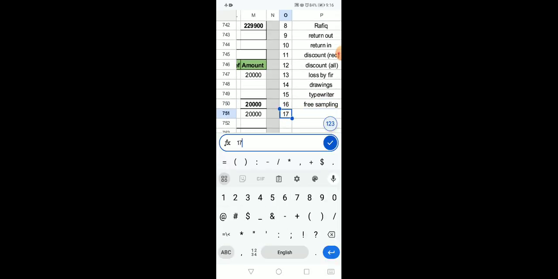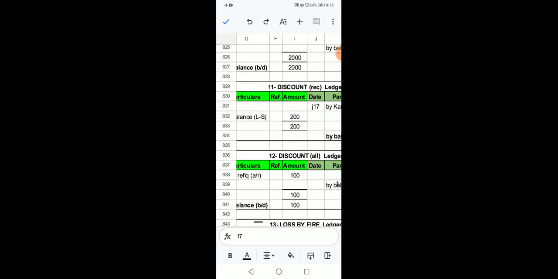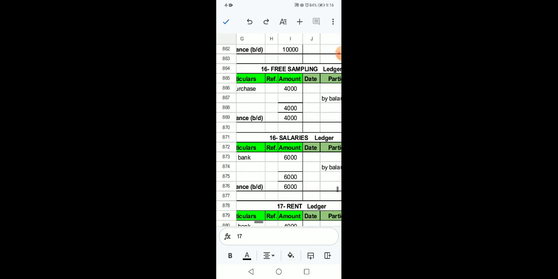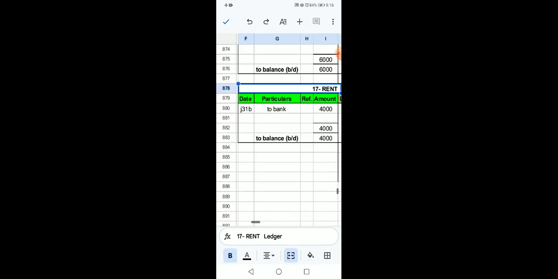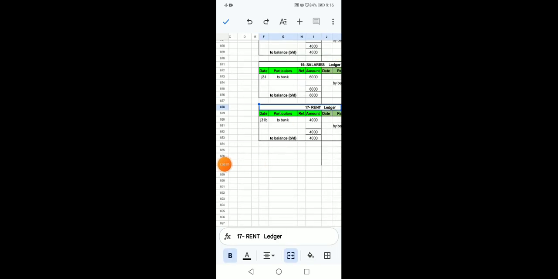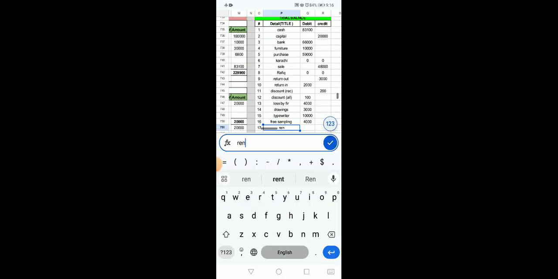Now you are going to record the 17th ledger. First we will see what the title of the 17th ledger is. Here you have the 17th ledger, that is rent. So you will go to the trial balance and write the title, rent. For the 17th ledger there was another ledger, salaries.